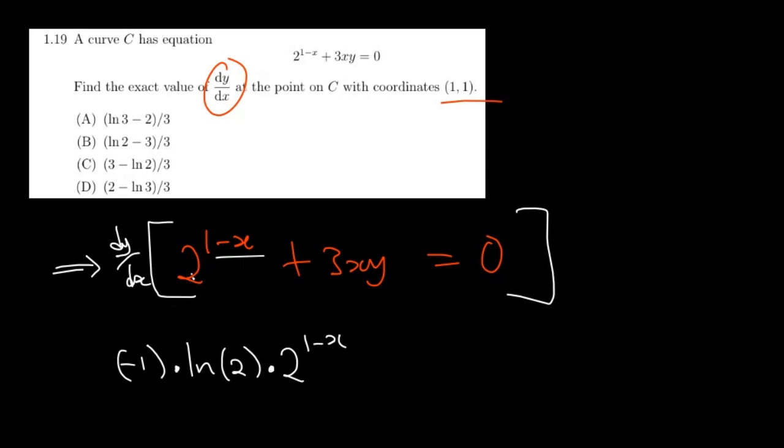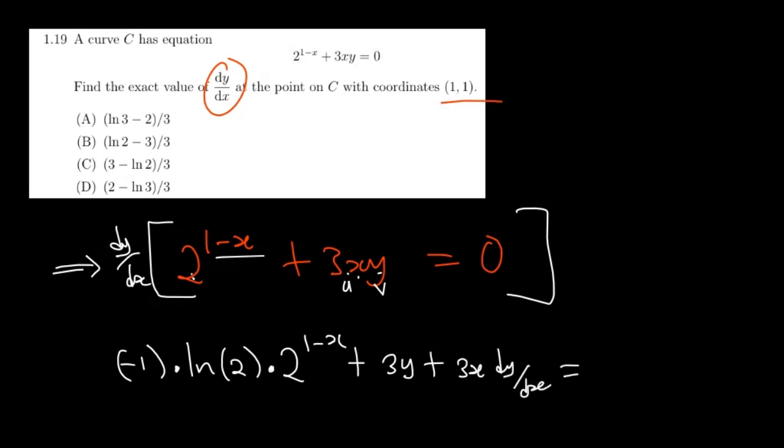And then here I'm going to use implicit because I can see x and y. So I'm taking this as my u, the 3x, and then my v as my y. So it will be plus the derivative of u, which is 3, multiplied by y, plus the derivative of v, which is just 1. But since it's y, I'll add the dy dx, and then multiplied by the function of u, so it will be 3x dy dx.